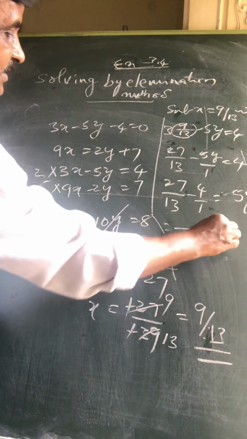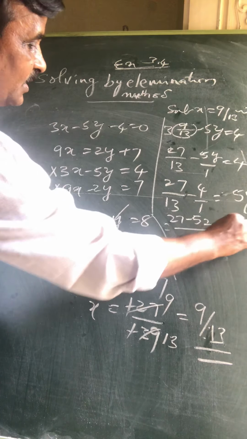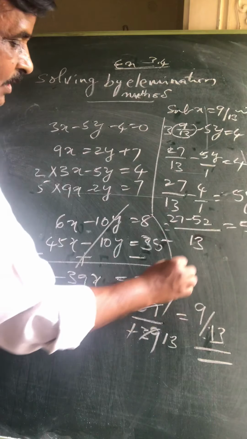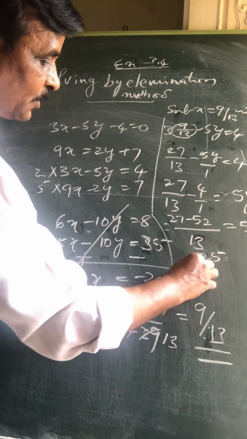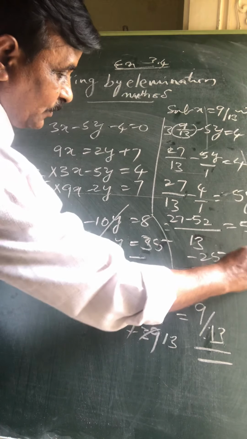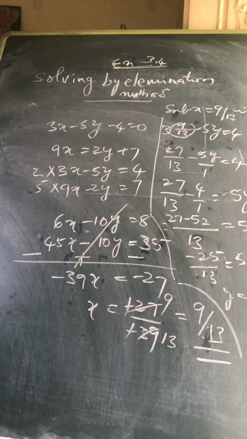Take the LCM of this. 27 minus 52 over 13 is equal to 5y, so minus 25 by 13 is equal to 5y, and y is equal to... are you able to see?